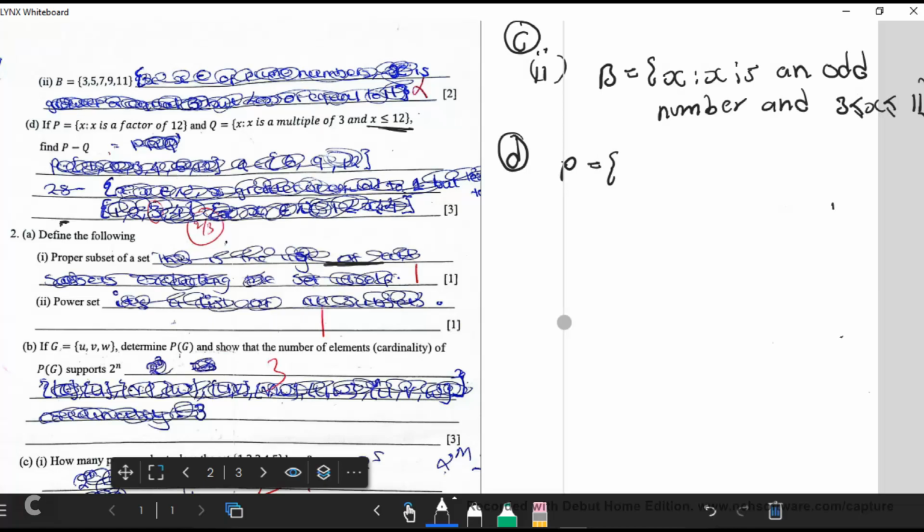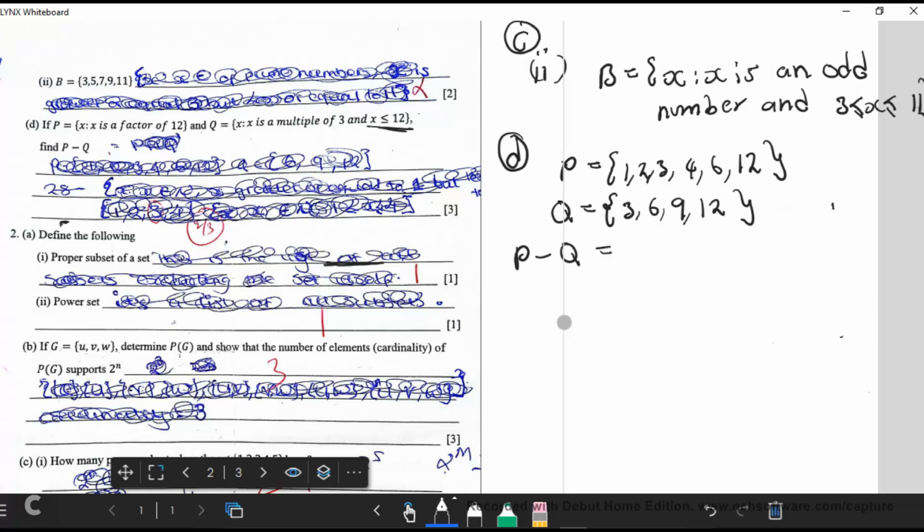The numbers that can enter into 12: 1, 2, 3, 4, 6, and 12 itself. How about the Q? For Q, you have the multiples: 3, 6, then 9, then 12. So these are the multiples of 3.